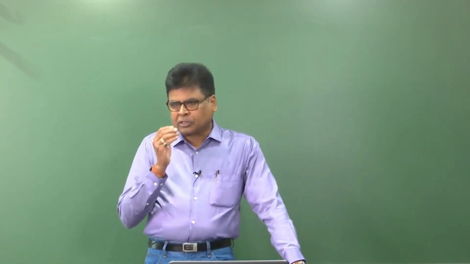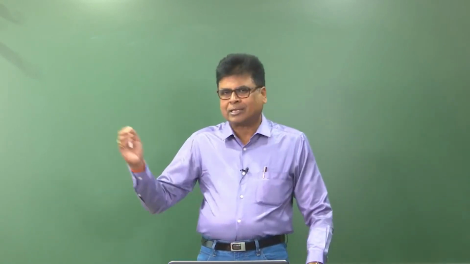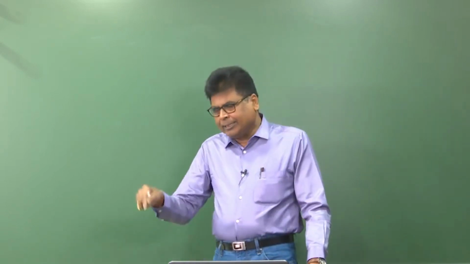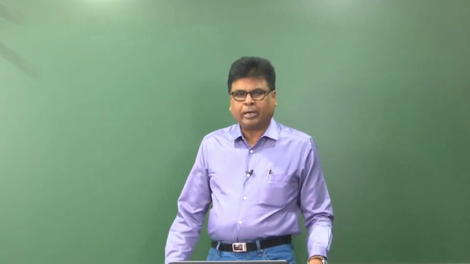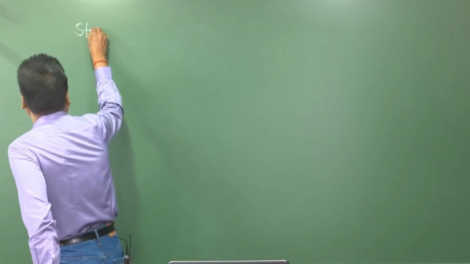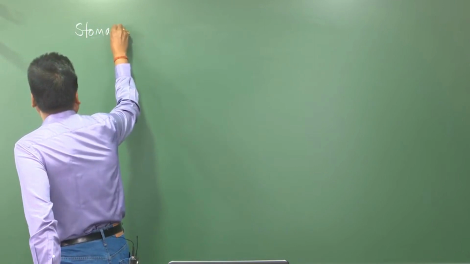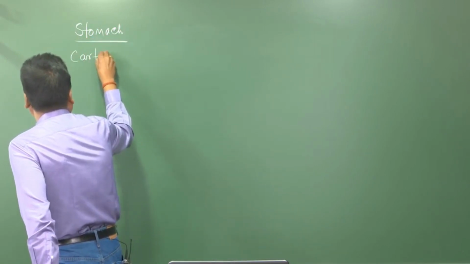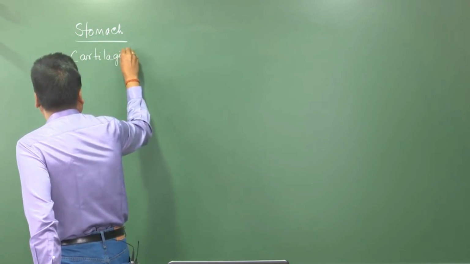So, today we shall proceed in detail about the stomach in the next vertebrates, especially the tetrapods. And again in case of the cartilaginous fish, what happens? The muscular longitudinal folds, for example, we are discussing the stomach of the cartilaginous fish.